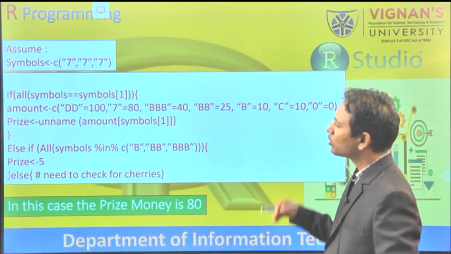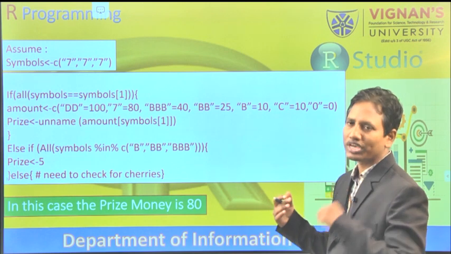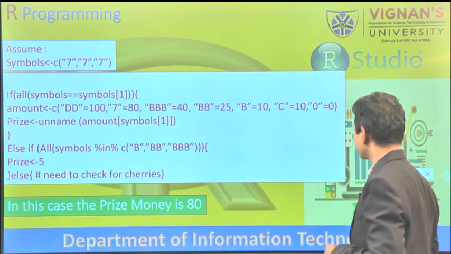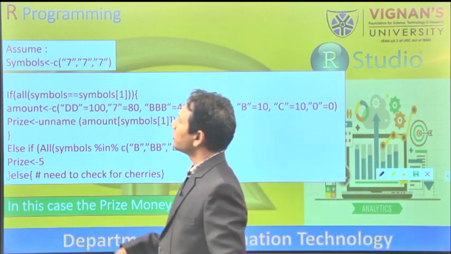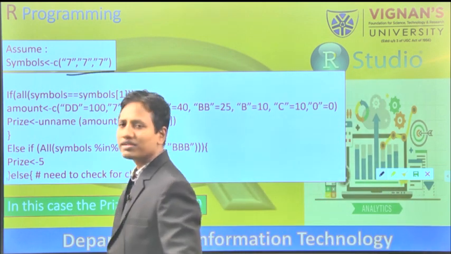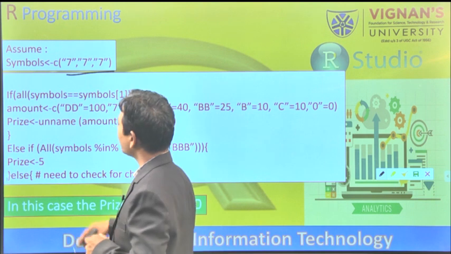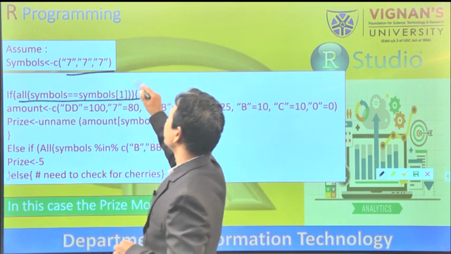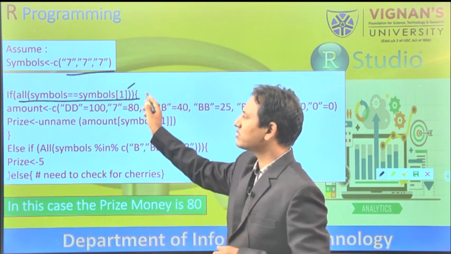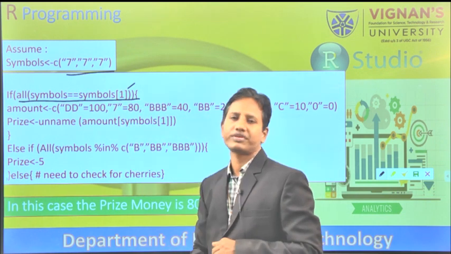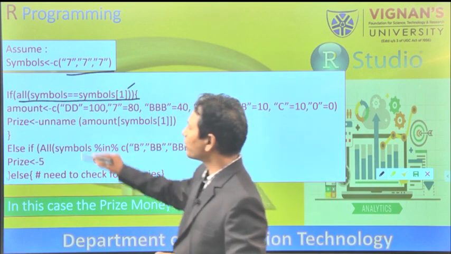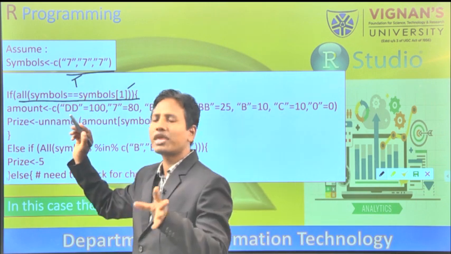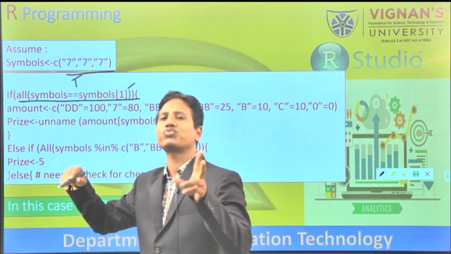So see this code part for these 2 cases. Assume that our symbols are 7 7 7. If all symbols are equal to symbols of 1, I have used this way of conditioning. When this is going to be true, all 3 symbols are the same, then this all is going to return true.